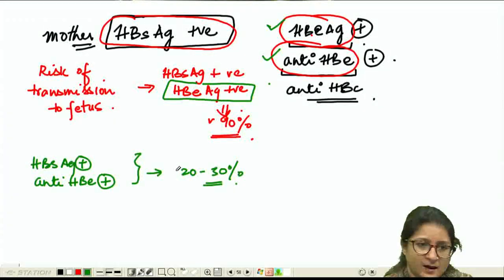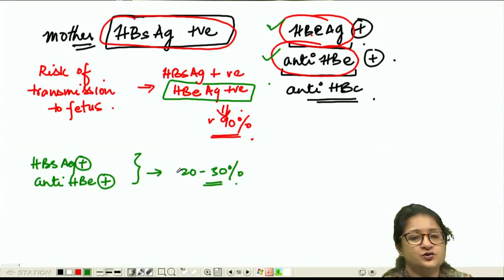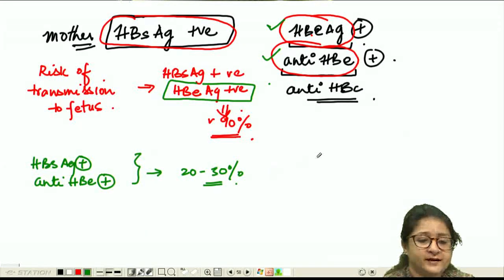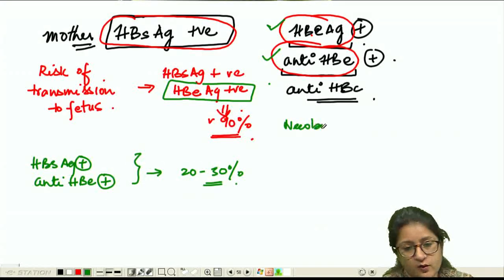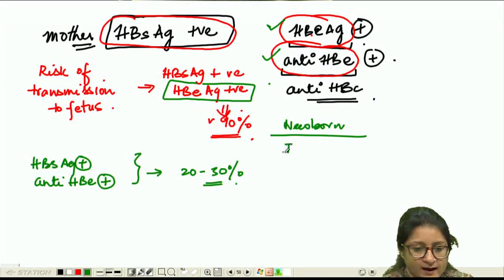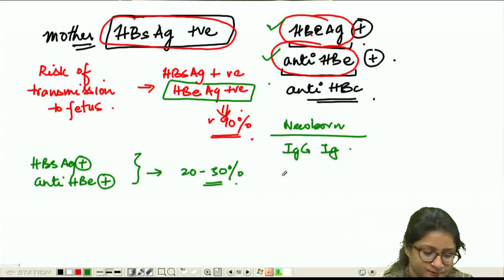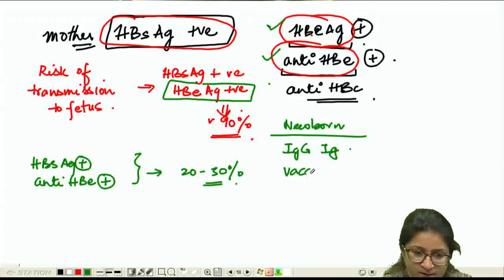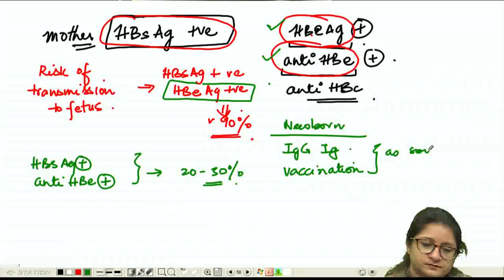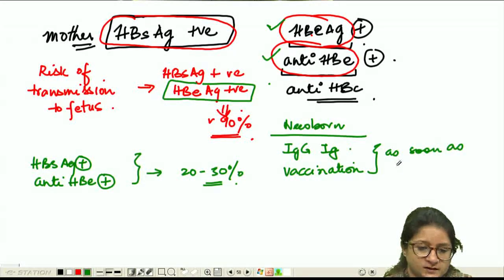The main transmission happens during the period of delivery, and the way to counteract that is to give the newborn IgG immunoglobulin and vaccination as soon as possible.